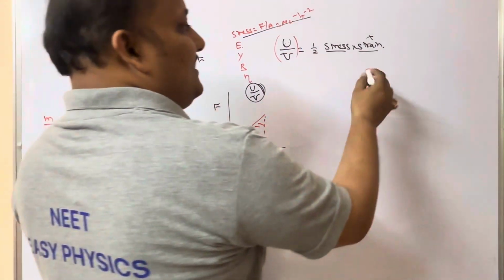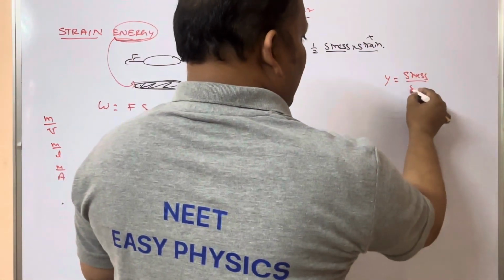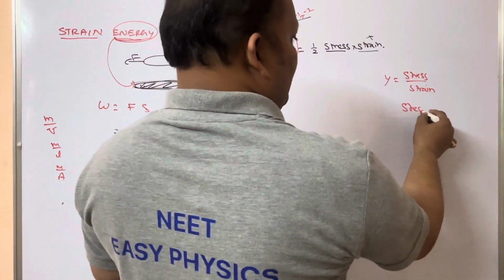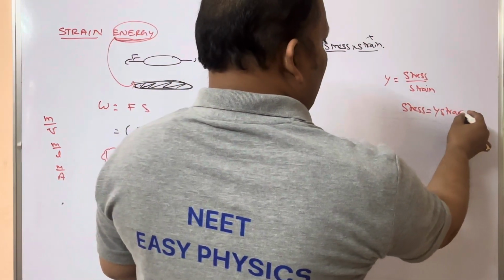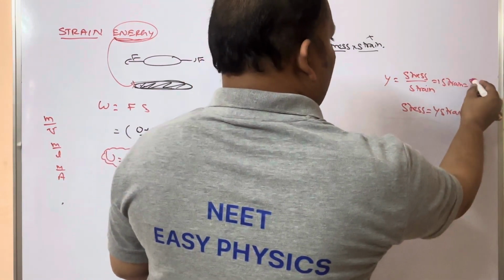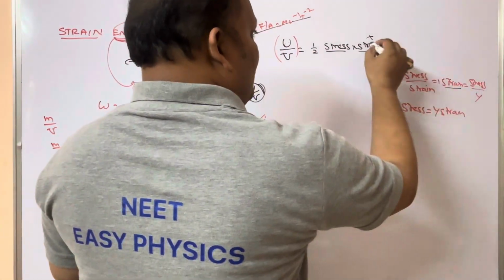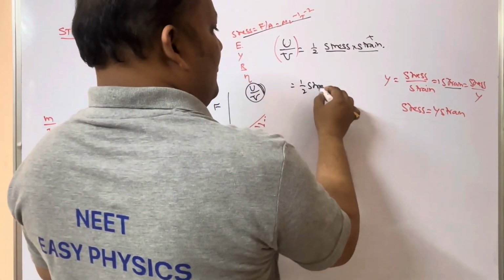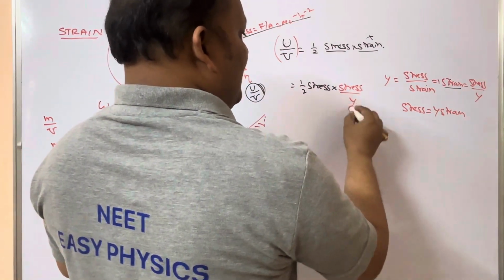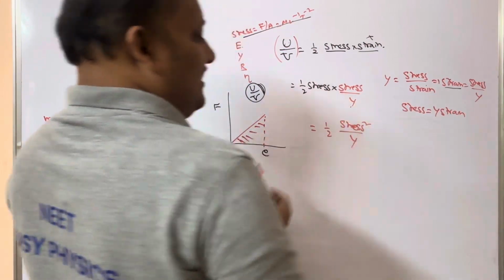Again, they will represent this in terms of the Young's modulus definition. Young's modulus equals longitudinal stress by longitudinal strain. If you want to eliminate stress, stress is nothing but Y into strain. If you want to eliminate strain, strain is nothing but stress by Young's modulus. So, to eliminate strain, in place of strain we write stress by Y. Therefore, energy density is half stress square by Young's modulus.